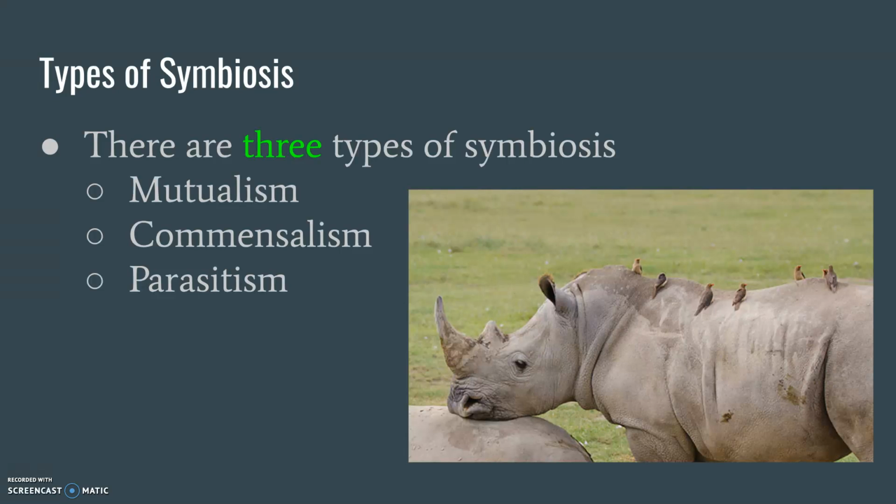What's happening here is these birds are on top of the rhino, and as the rhino walks through the grass, it kicks up all kinds of bugs. These birds get to eat the bugs. So now we have a very happy bird, but does the rhino care that they're sitting on its back? Not really. So that's going to be an example of commensalism.